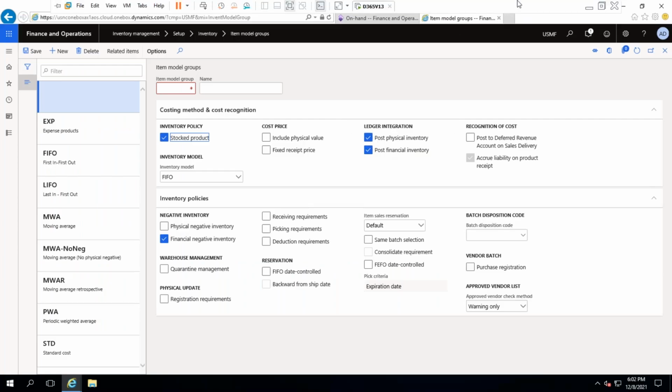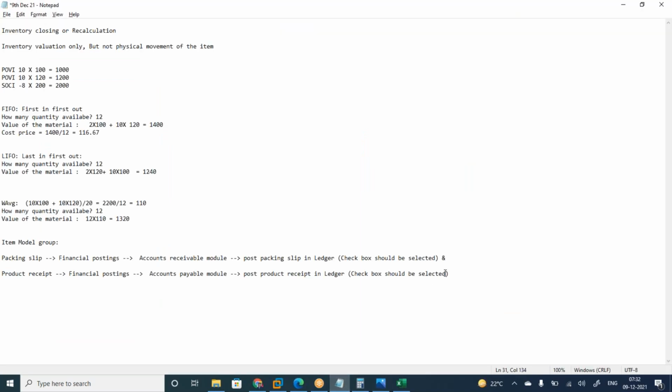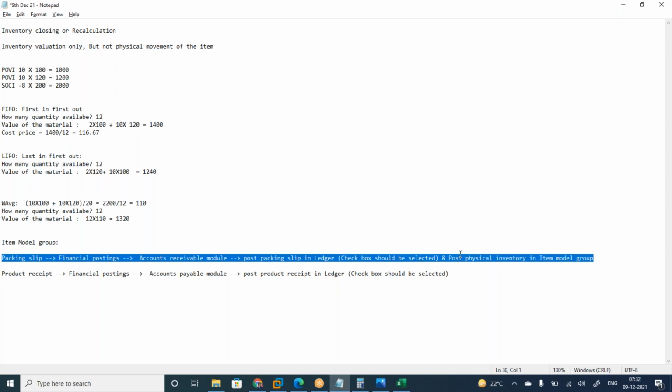Post physical inventory checkbox also should be selected in the item model group. Anyhow, it will be selected. That is the reason I have not discussed.